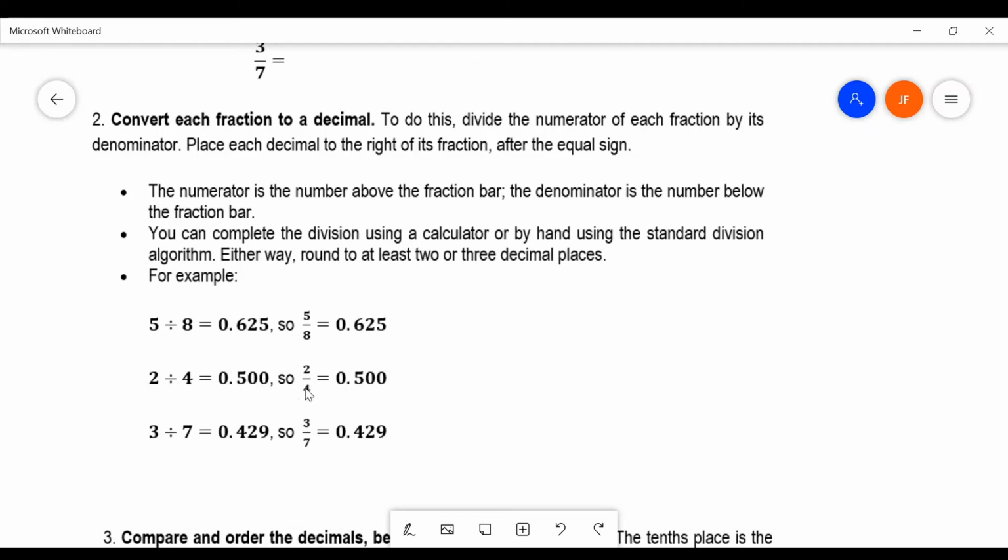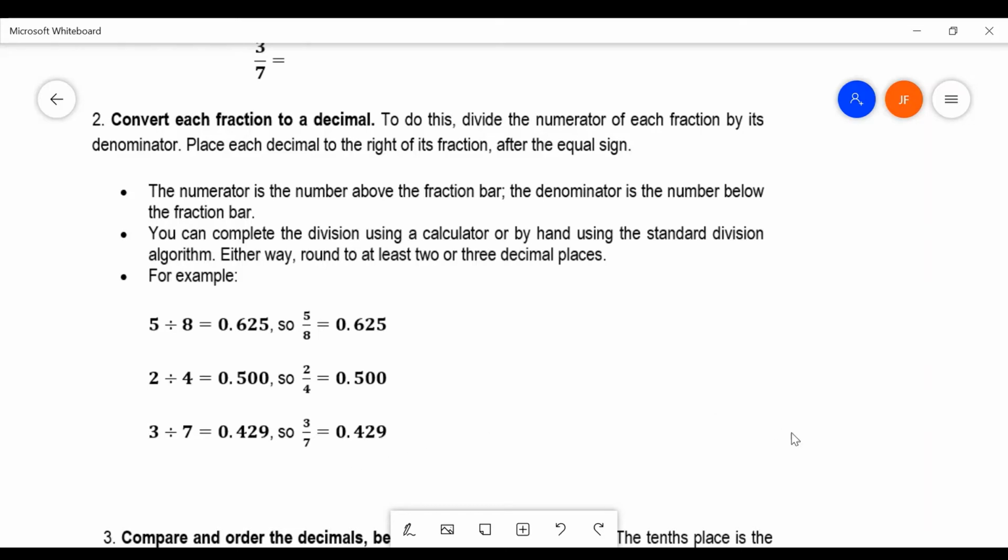So 2/4 is equal to 500 thousandths or 0.500. And 3 divided by 7 is equal to 0.429 or 429 thousandths. So 3/7 is equal to 0.429 or 429 thousandths.